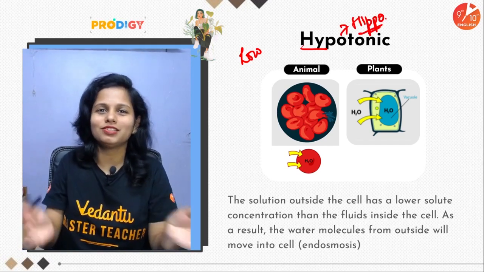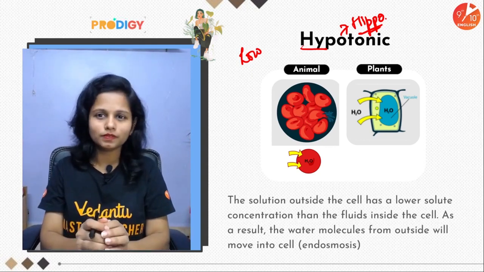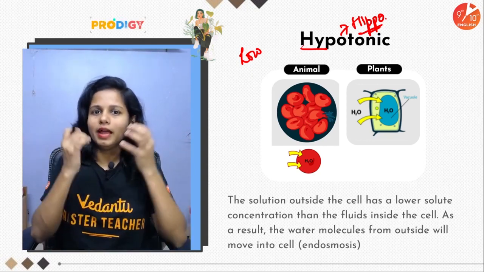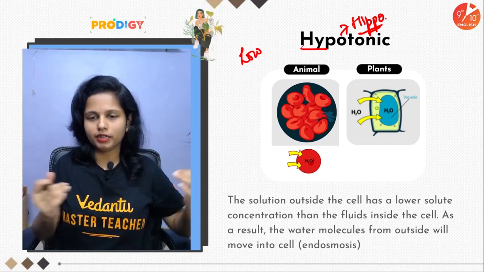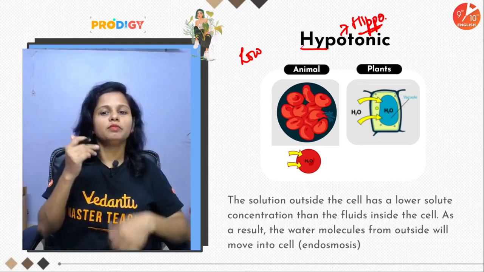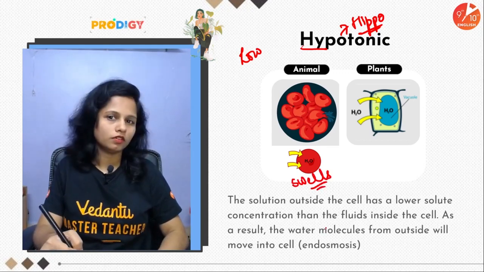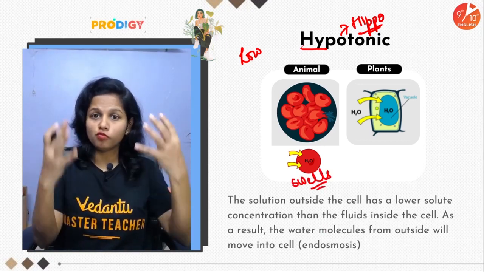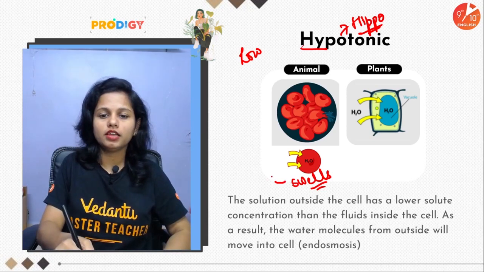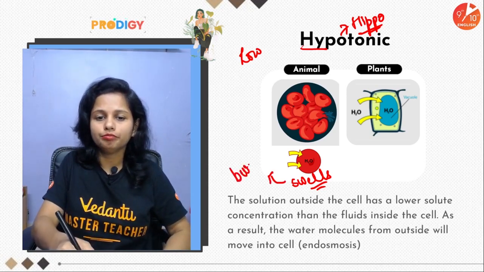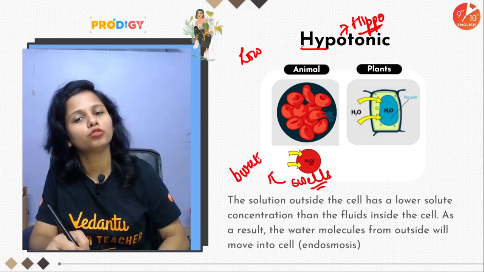When a cell is placed in a hypotonic solution, it will grab more and more water. Water will automatically enter inside the cell, and because of which the cell swells up. By accumulation of more and more water, the cell might even burst when it is placed in a hypotonic solution.